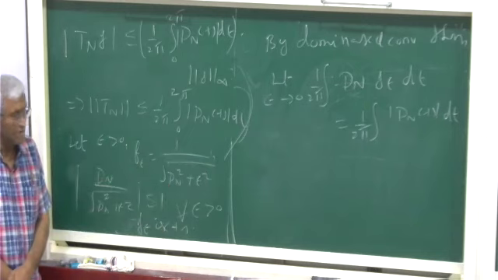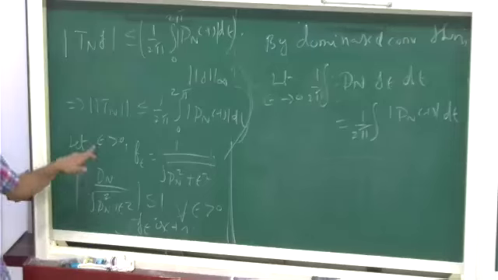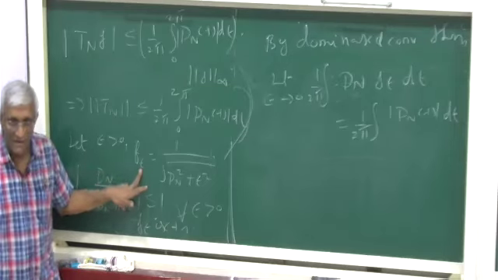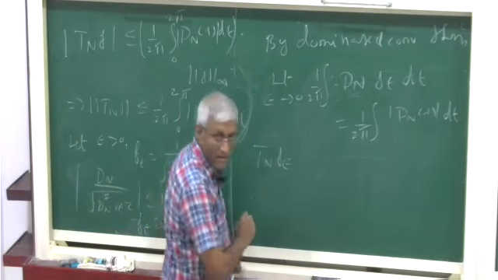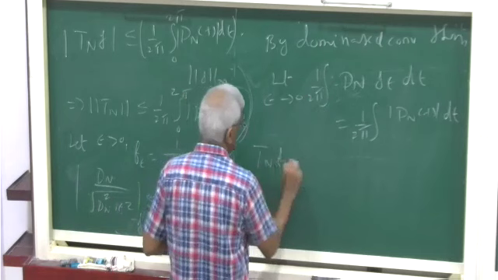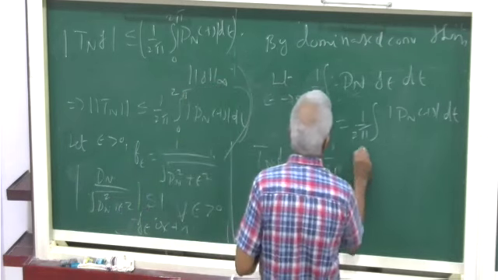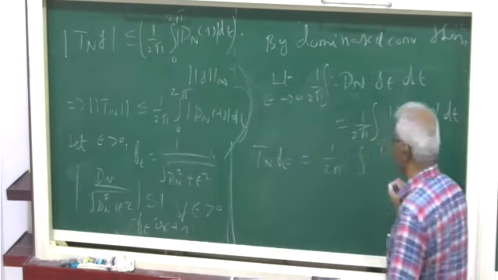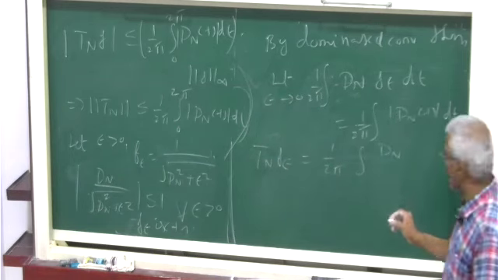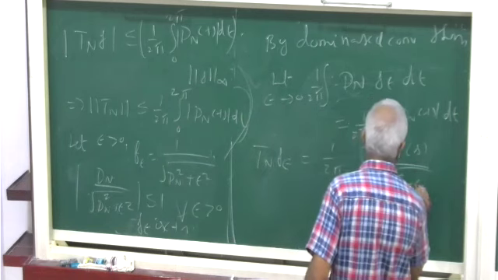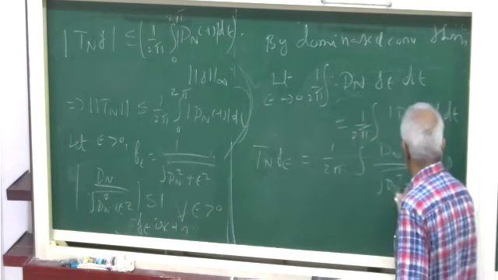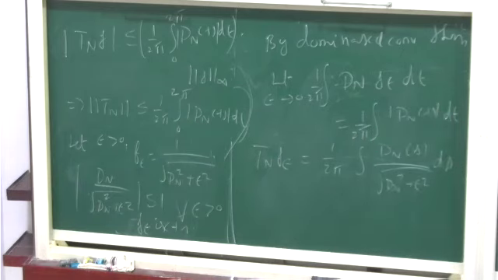For epsilon greater than 0, I define a function f epsilon, Tn divided by the square root of Tn square plus epsilon square, which converges to mod Tn.